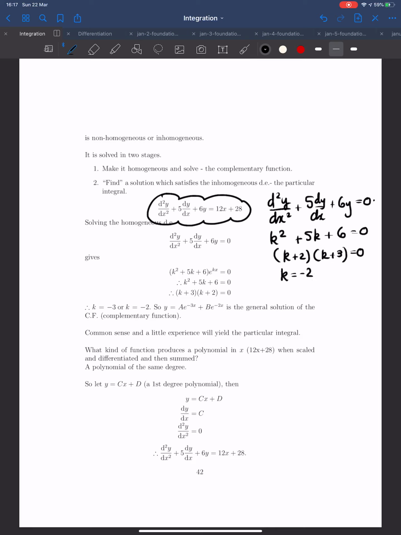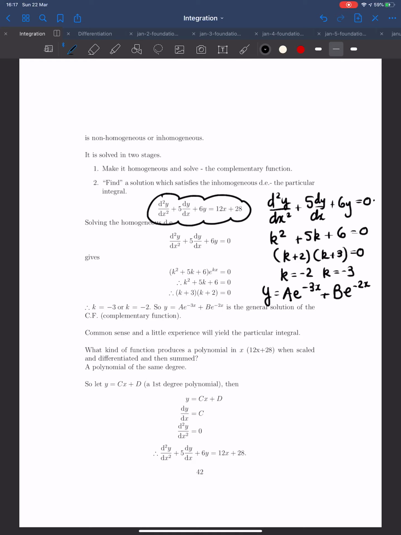So k is minus 2, k is minus 3. And you get y is A e to the minus 3x, they've put minus 3 first so I'll put that one first, it doesn't matter which order you put them in, plus B e to the minus 2x. And that's called the complementary function, because that's always going to happen, because that's going to be 0.